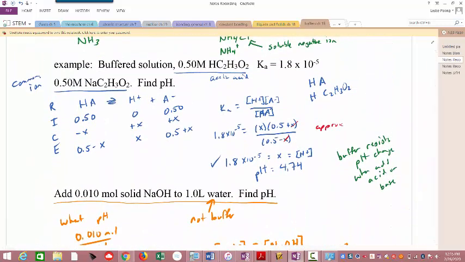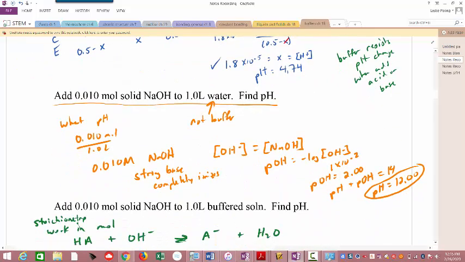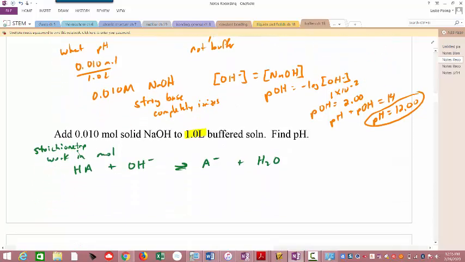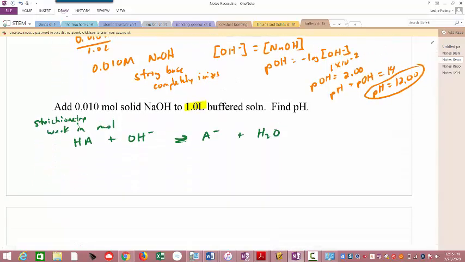Okay, so remember, we need to work in moles here. So fortunately for this problem, I gave you 1 liter. So our moles and our molarity numerically are the same thing. So we have 0.5 moles of this, 0.01 mole of this, none of this. And I'm doing this stoichiometry very much like a rice table.